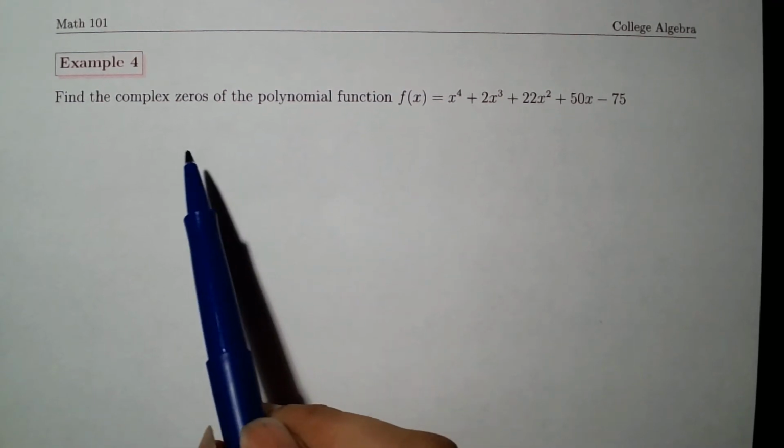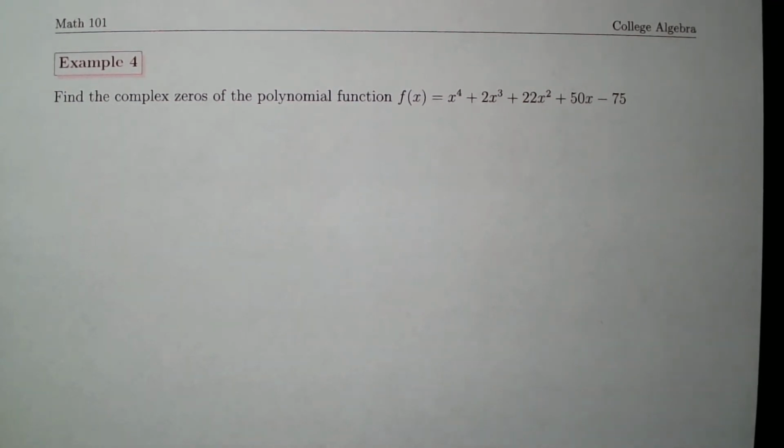All right, find the complex zeros of the polynomial f of x equals x to the 4 plus 2x cubed plus 22x squared plus 50x minus 75. In this case, we are not given any kind of information.